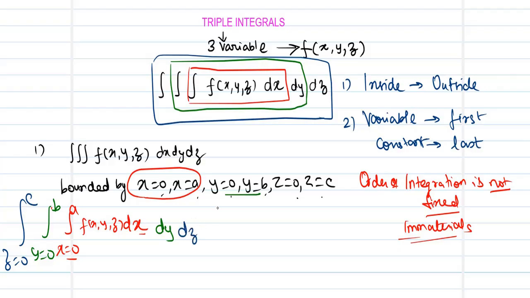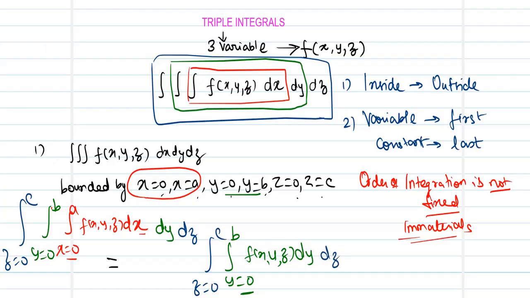This integration will be exactly the same as when you take the preference of y first, y varying from 0 to b, f(x, y, z). So y you have taken first, so dy first, and next you can take your z between 0 to c, so dz, and last you can integrate your x between 0 to a, dx.